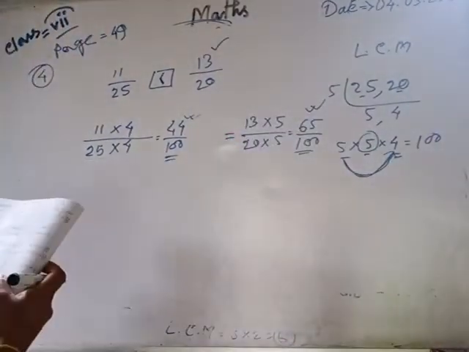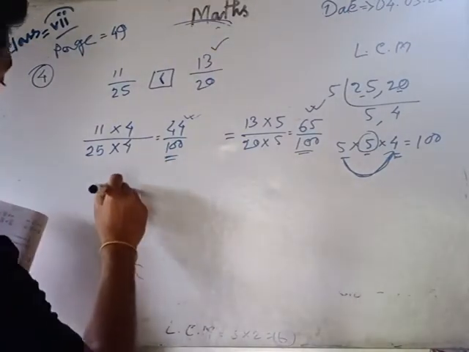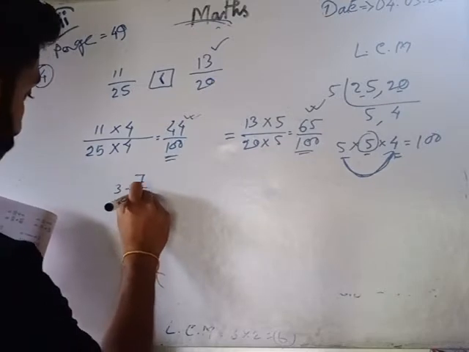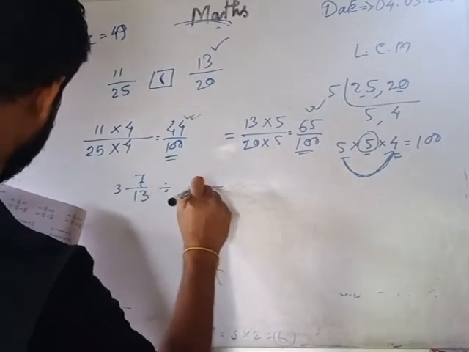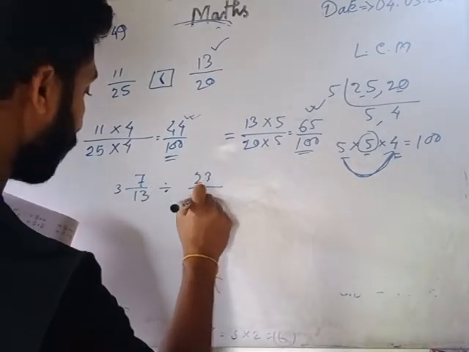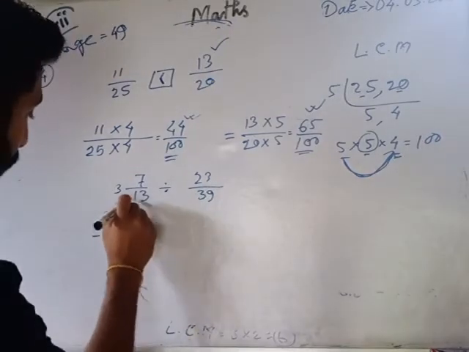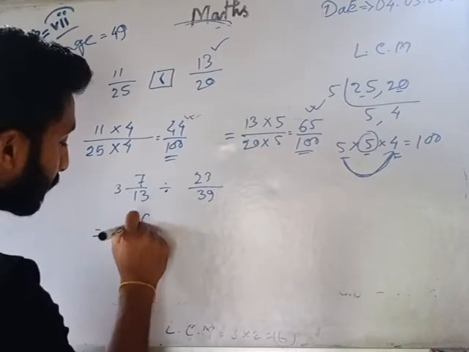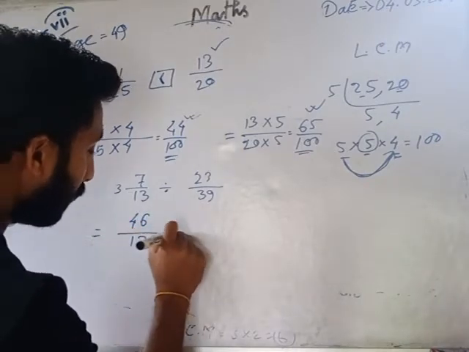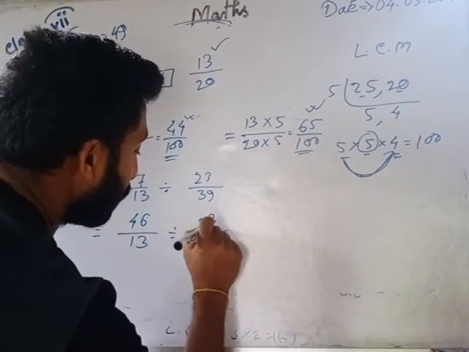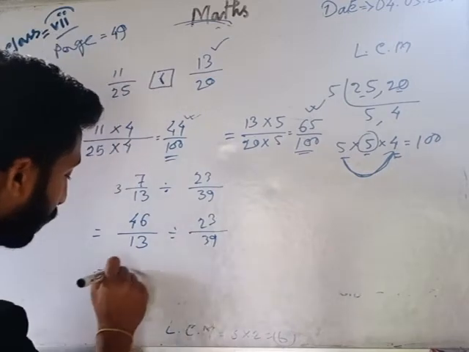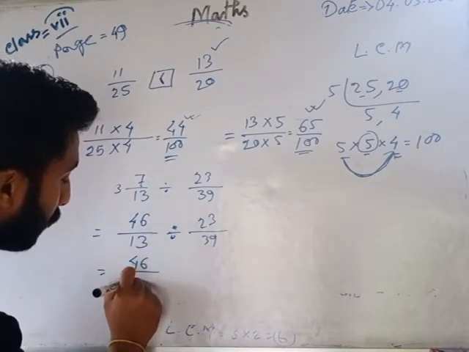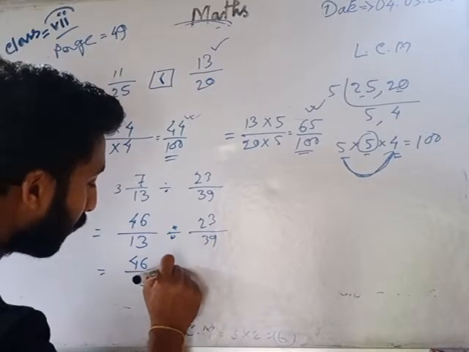If it is division, I already taught you the division. Three 13s are 39 plus 7, that is 46. Divide 23 by 39. At first we should write it before division. Don't change the fraction.